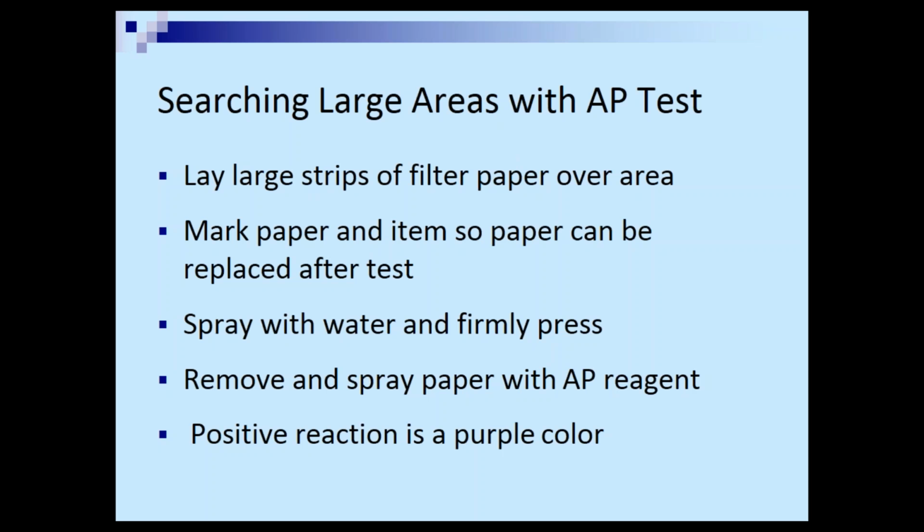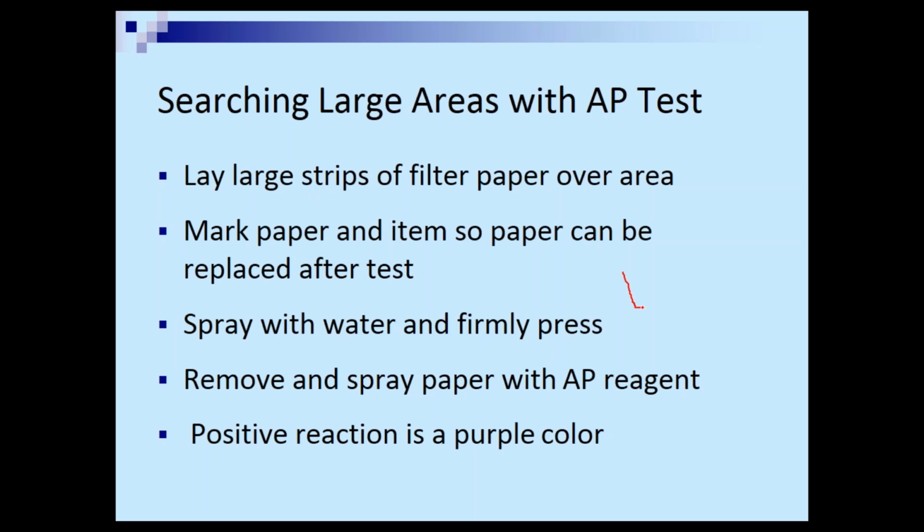If you're dealing with a piece of bedding or a piece of clothing where you take the alternative light out and you see a whole lot of fluorescent stains, and some of them are faint, and you don't really see a strong indicator of where something's a semen stain, the other way to search a large area is by laying down large pieces of filter paper over the piece of clothing.